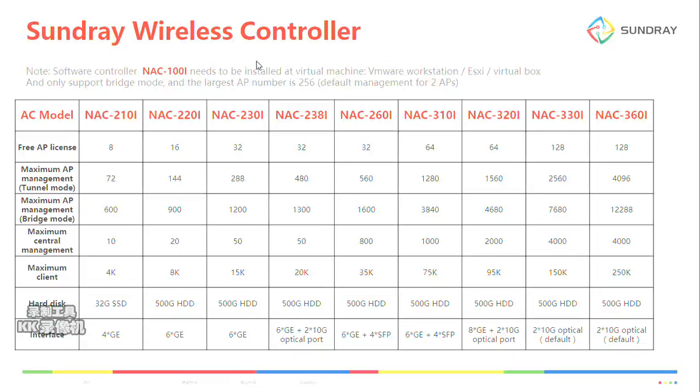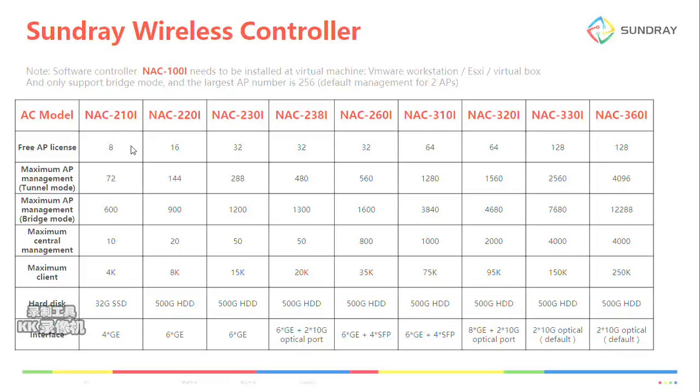But the virtual controller only supports the bridge mode. So I think you already know the difference between bridge mode and tunnel mode. So the virtual controller here only supports the bridge mode. And so next here is the hardware controller. The first item is the free AP license. For every hardware controller we have a free AP license built in with the controller.